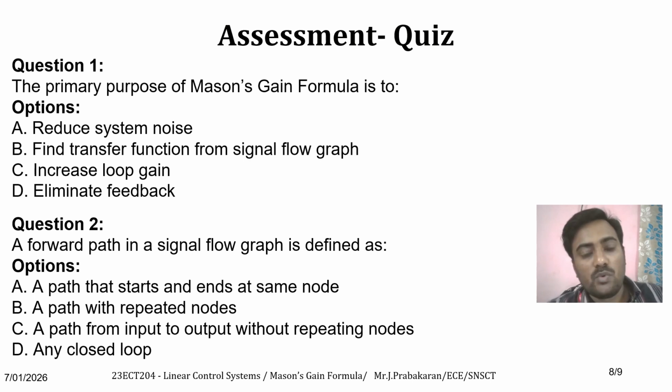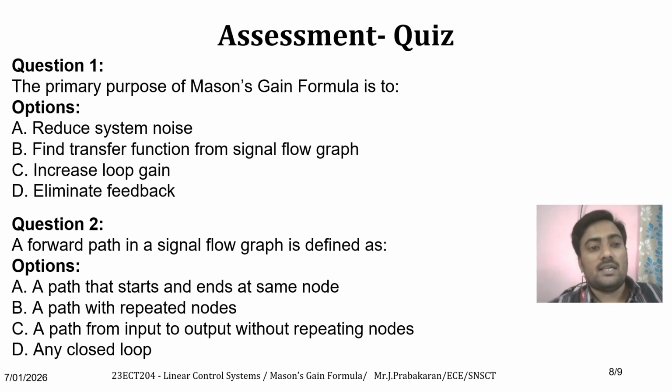Let me check your understanding through the assessment quiz. Here we have two assessment questions. The first one: the primary purpose of Mason's gain formula is, which option is correct? Option A, option B, option C, option D. Option B is correct: find the transfer function from a signal flow graph.